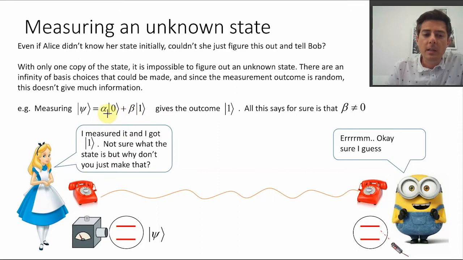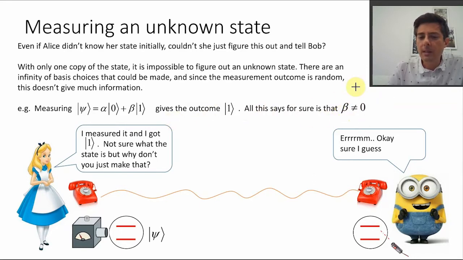Okay, well, just for argument's sake, she gets the outcome 1, right? She doesn't know what the state is, but she gets the outcome 1. So actually, there's not much you can say from that. Probably the only sure thing you can say from that is that beta is not exactly equal to 0, right?